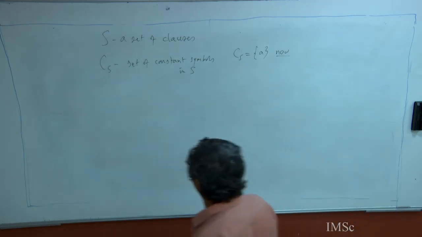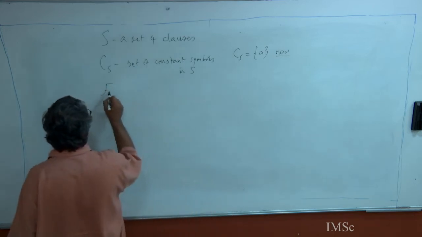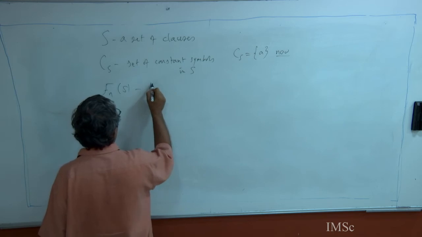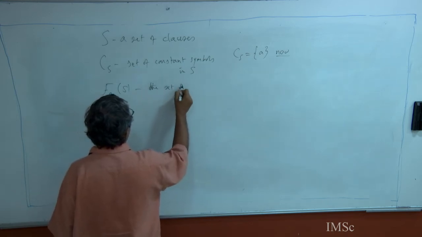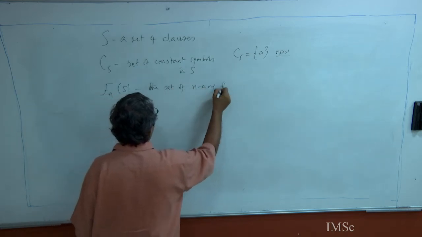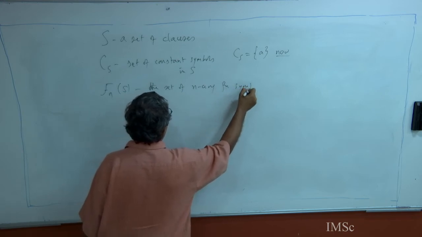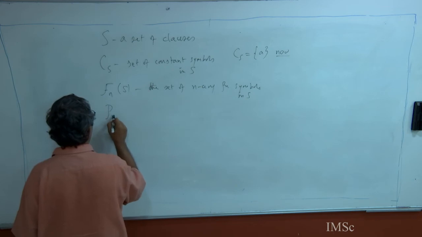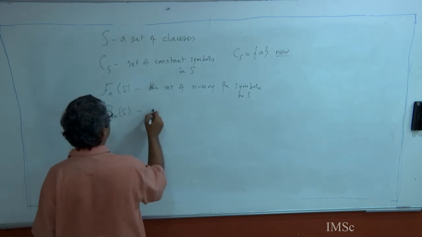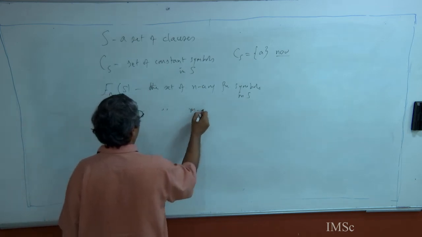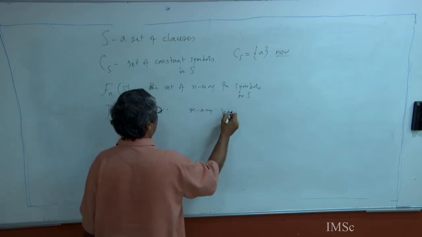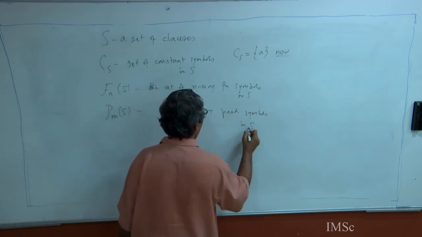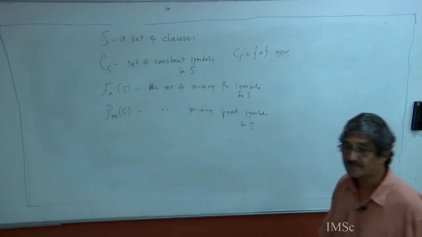And Fn of S is the set of n-ary function symbols in S. Similarly, Pm of S is the set of m-ary predicate symbols in S. Okay.